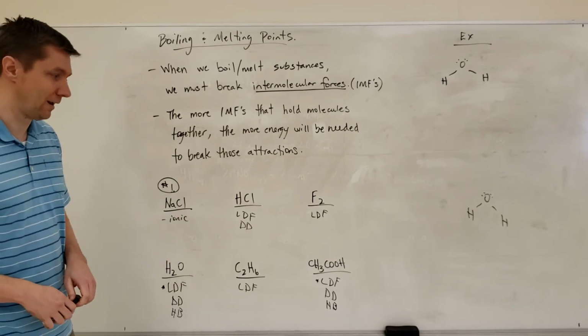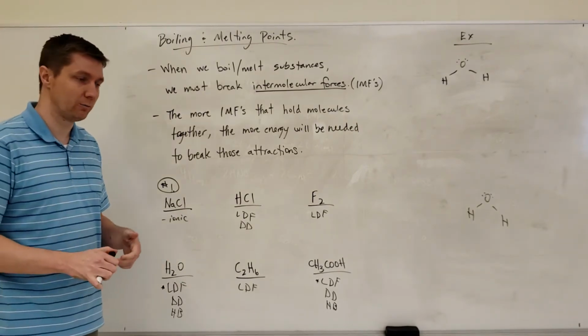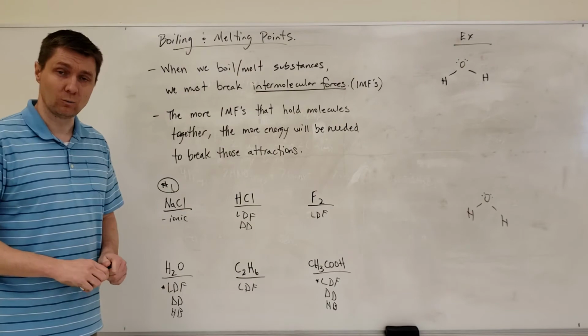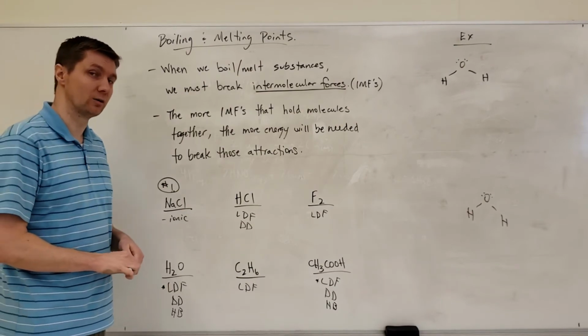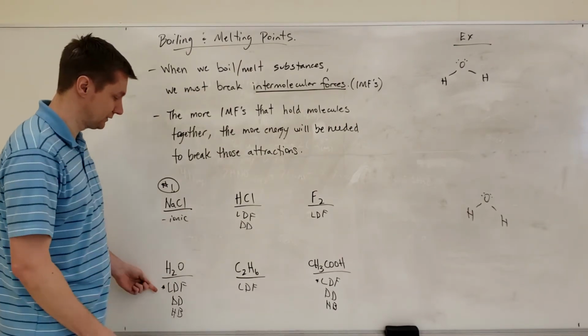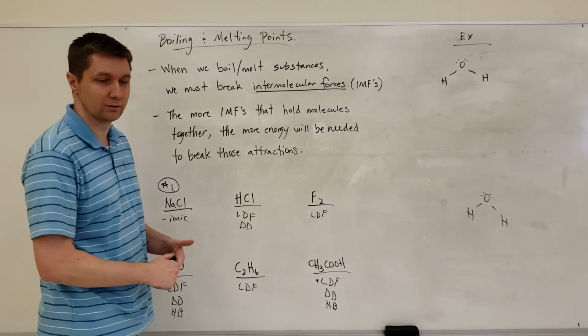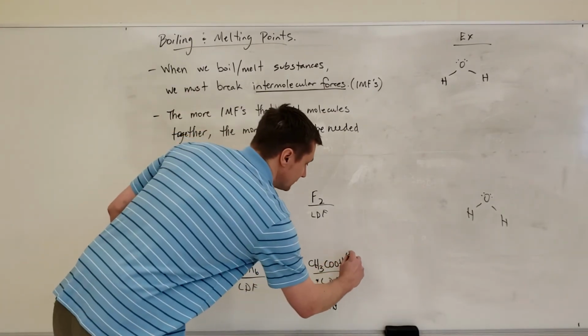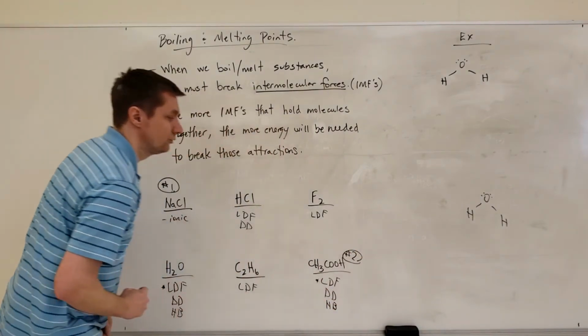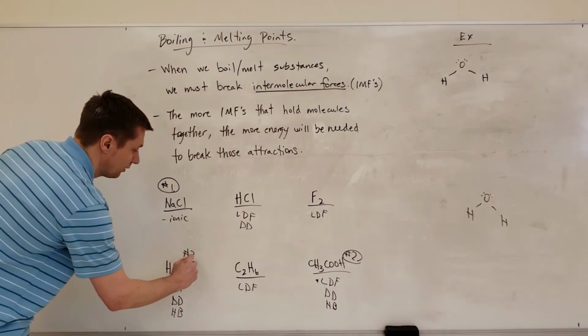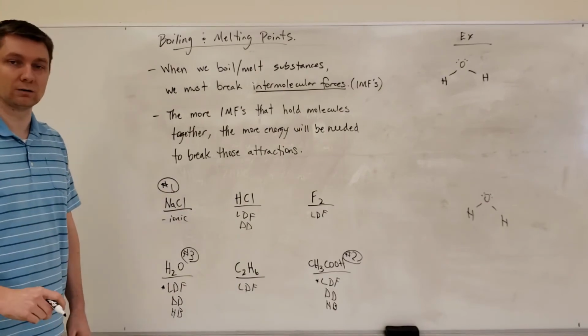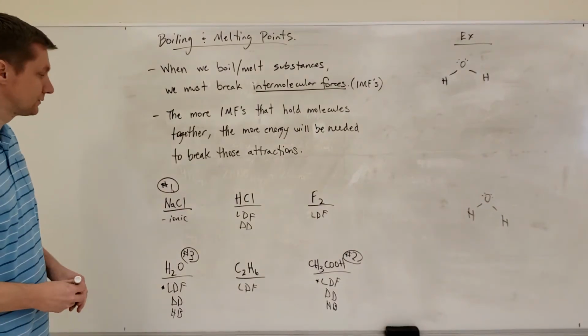And I'm not going to write the numbers down right now, but acetic acid does in fact have a higher boiling point than water. And it's for this reason. The London dispersion force in acetic acid is stronger than it is in water. So acetic acid is our number 2, and water is our number 3 on our list of highest boiling points.